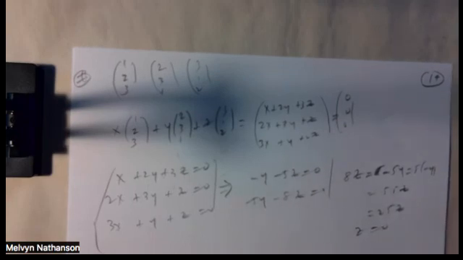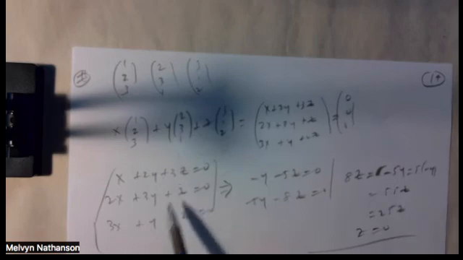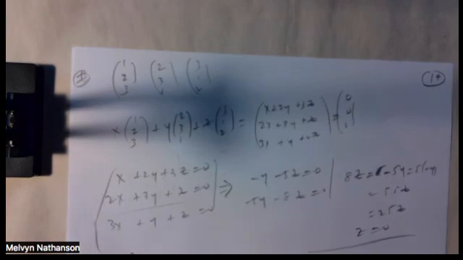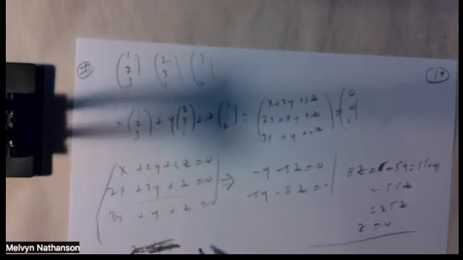So z has to equal 0. If z is 0, then 2x plus 3y equals 0.